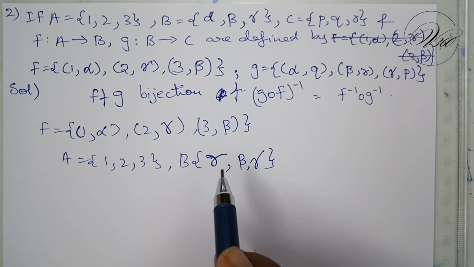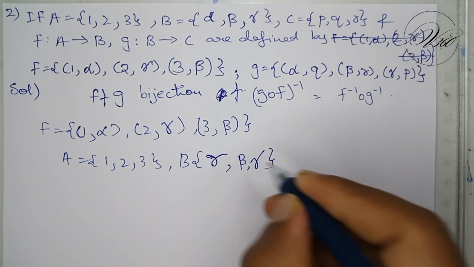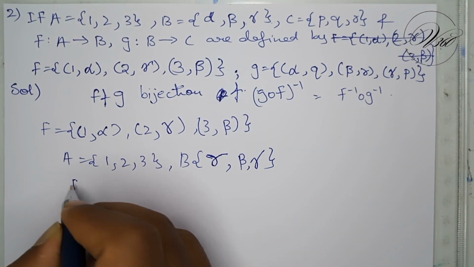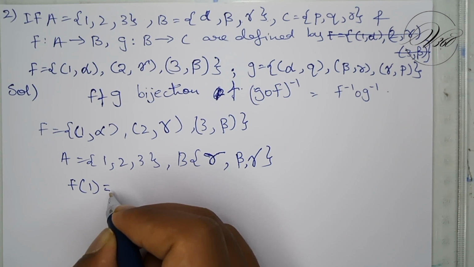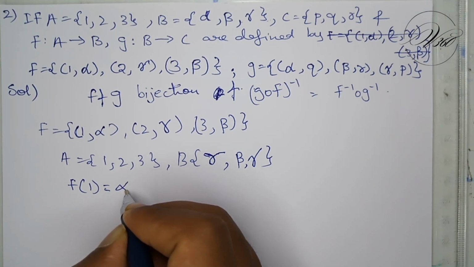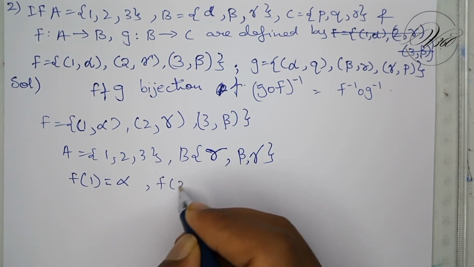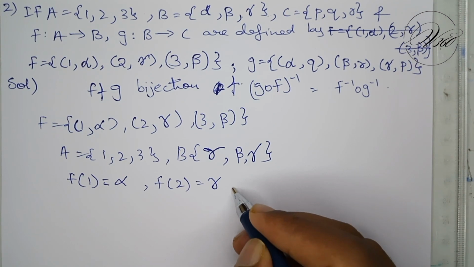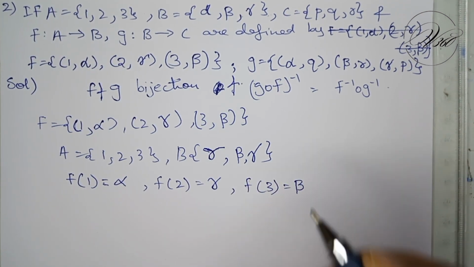I have written here a little crossly. You can understand that this is alpha and this is gamma. Now here f of 1 is equal to alpha, f of 2 is equal to gamma, and f of 3 is equal to beta.